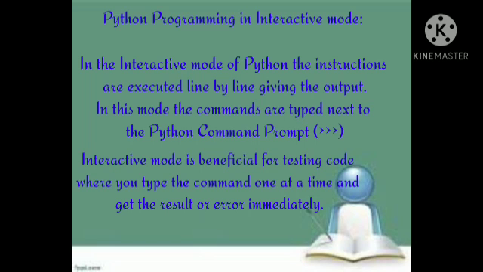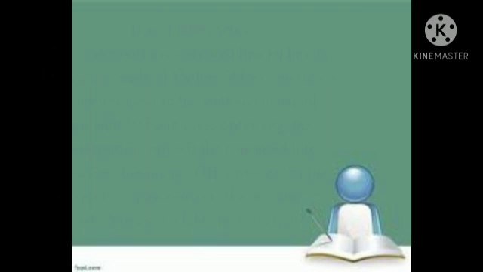That is, in this mode, the commands are typed next to the Python command prompt. Interactive mode is beneficial for testing code, where you type the commands one at a time and get the result or error immediately.